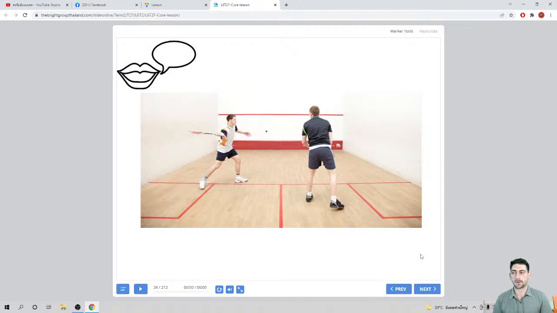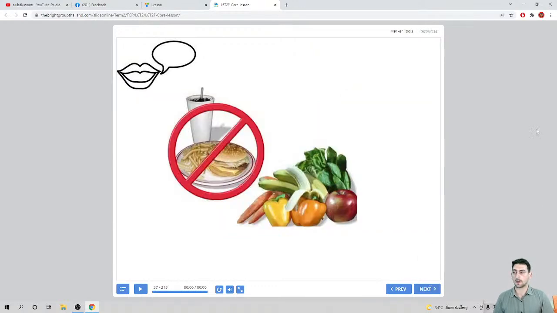And vocabulary word number 8, can you remember? We have squash. Good job, class. One more time. Number 5, diet.